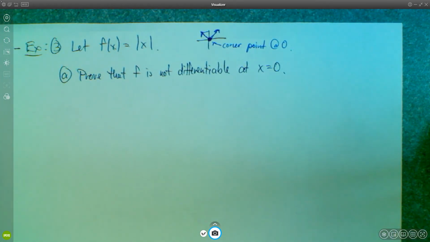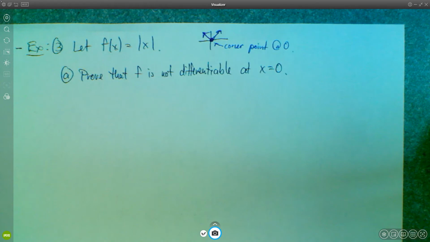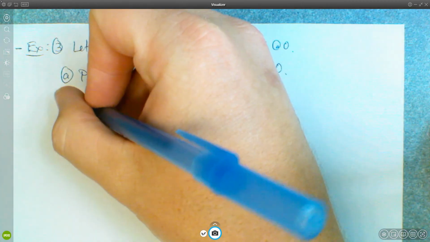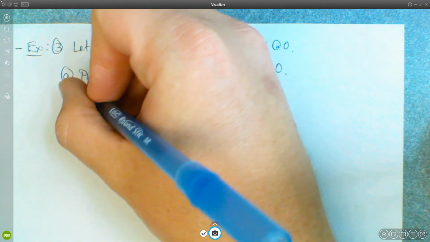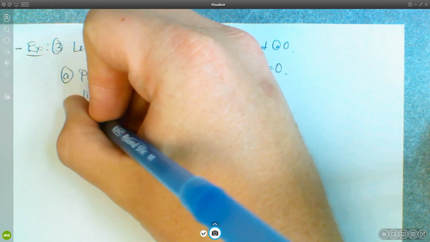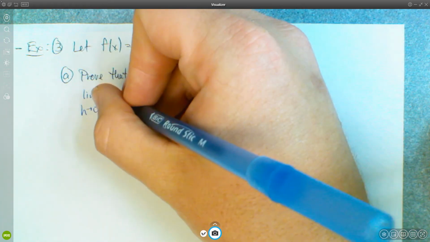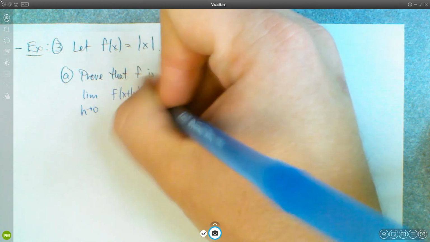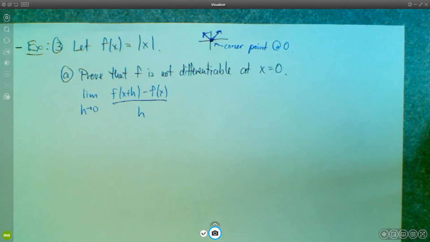In order to prove that, we need to show that the derivative doesn't exist. So we need to show that the limit as h approaches 0 of f of x plus h minus f of x over h doesn't exist. So let's do it.